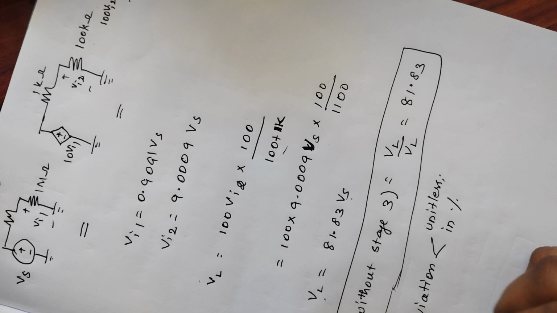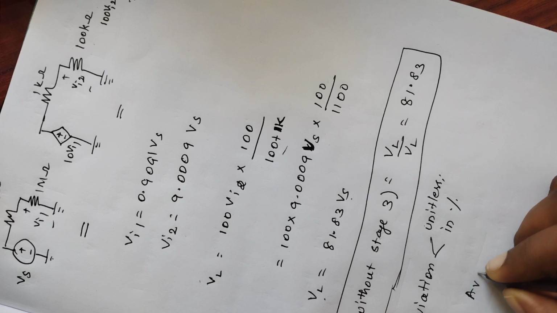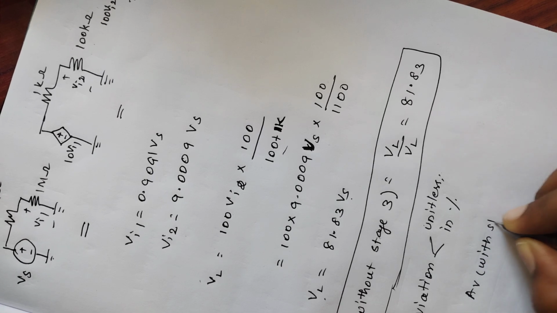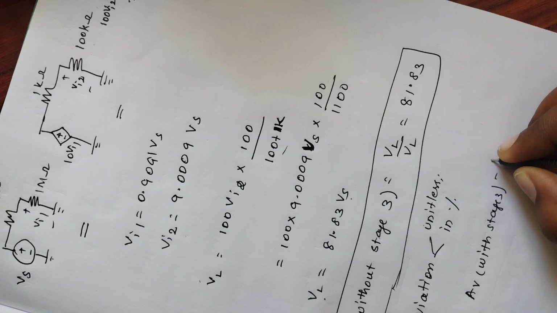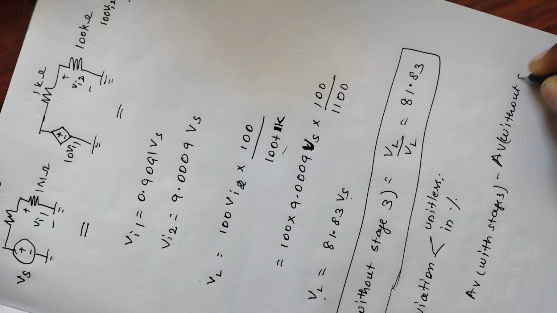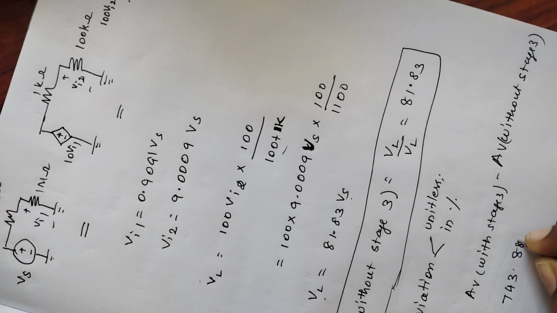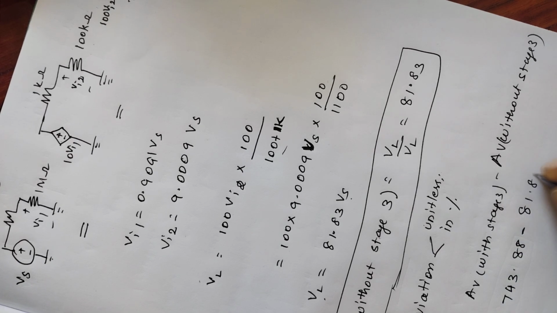So del AV, I am putting it as del AV, which is nothing but AV with stage 3 minus AV without stage 3. AV with stage 3 we got as 743.88 minus 81.83.